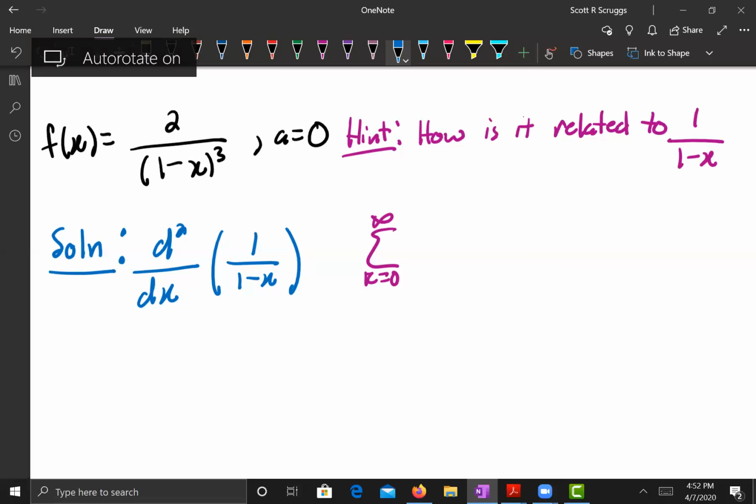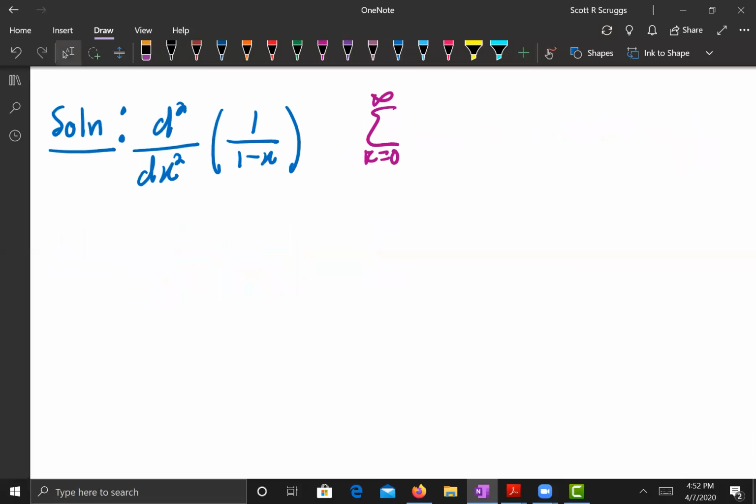So as Anthony mentioned before, this is the second derivative of 1 over 1 minus x. The power series representation, or the Maclaurin series, for 1 over 1 minus x is the sum of x to the kth power.